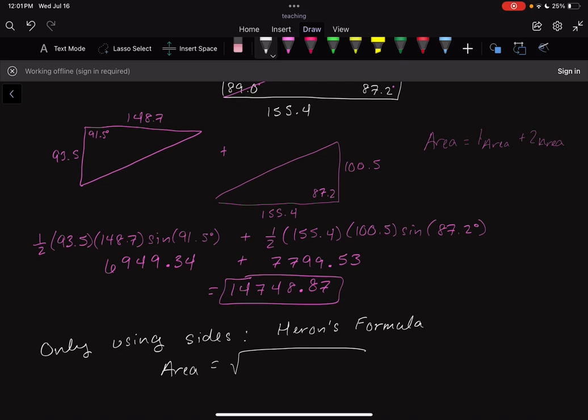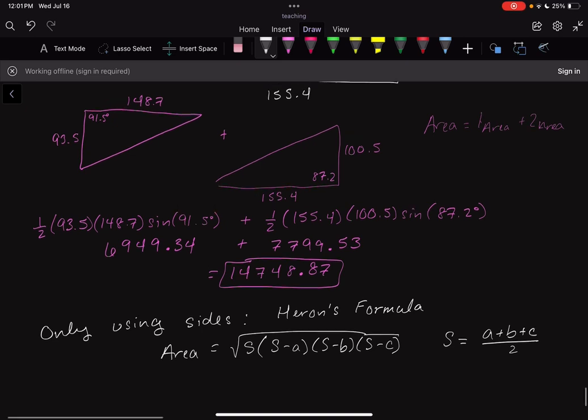So I guess somebody named Heron made it. This is if you only have sides available to you. First you'd have to find S, which is your A plus B plus C divided by 2, and then you can plug that into the area formula.